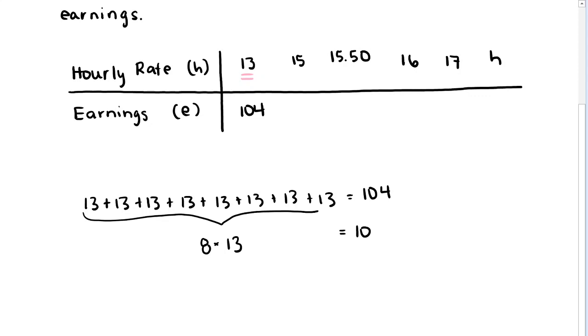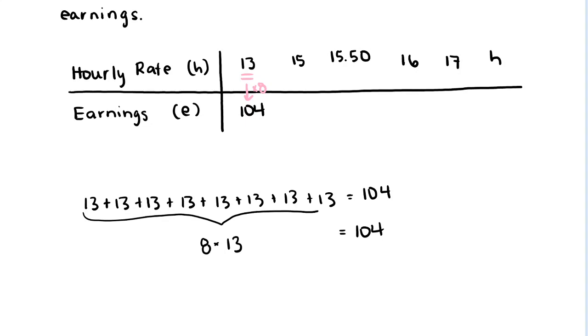And this comes out to the same 104. And so really, if we want to compute her earnings at the end of an 8-hour shift, we just need to take her pay and multiply it by 8. Her hourly rate added to itself 8 times is really the same as 8 times her hourly rate. And so here this is 8 times 13.